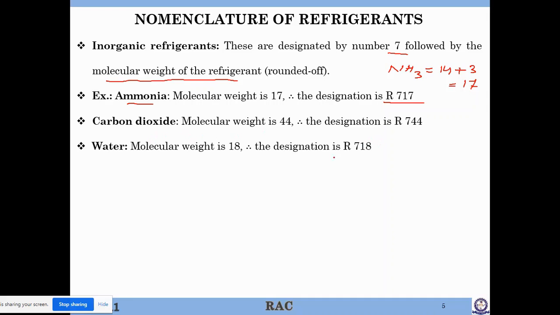For carbon dioxide, CO2 is 12 plus twice 16, which is 44. This can be written as R744. In the same manner, for water, the molecular weight is twice 1 plus 16, equal to 18. So the designation is R718.